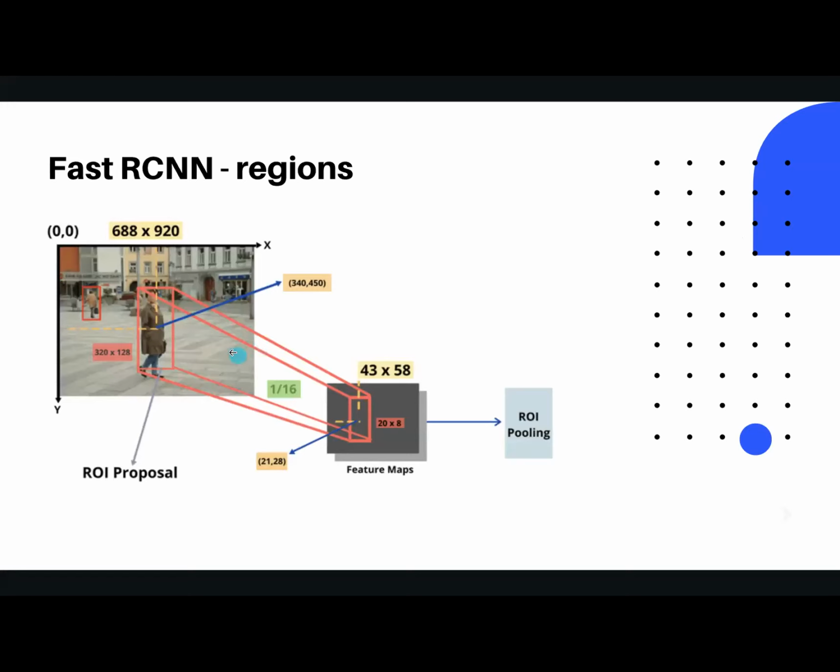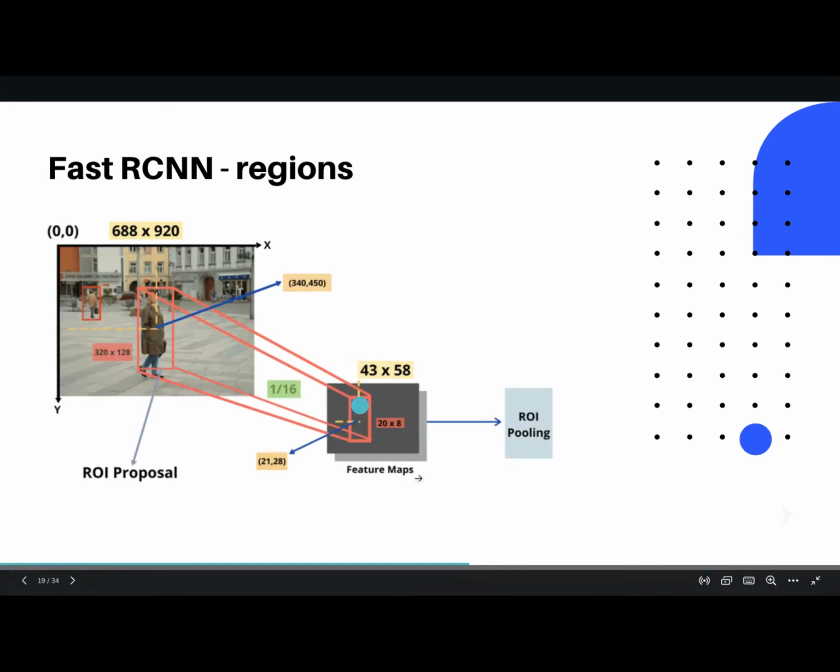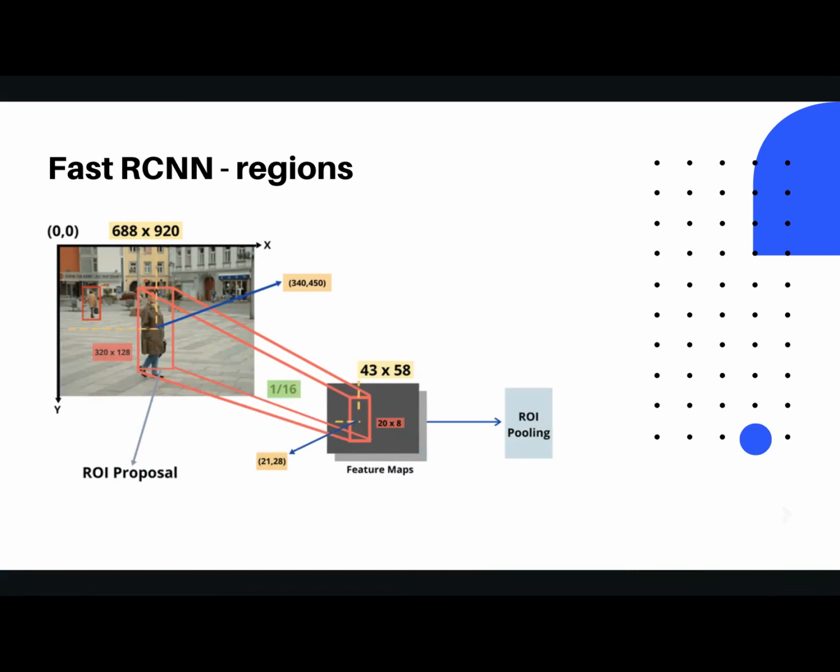All good. So as we said, the first part, selective search, does the searching and then it proposes a region. So this is the ROI proposal. The ROI proposal will get mapped directly to the feature maps using a simple division. So there's no calculation happening in this operation. And then the region of interest in the feature map would get sent into ROI pooling and standardized into the shape that the neural network expects.